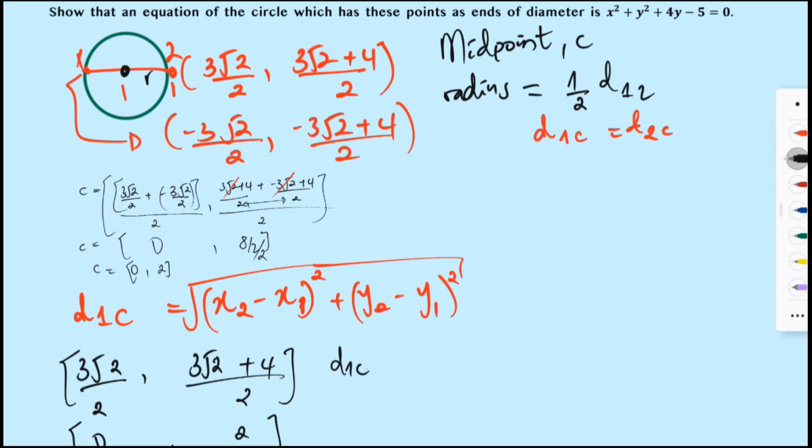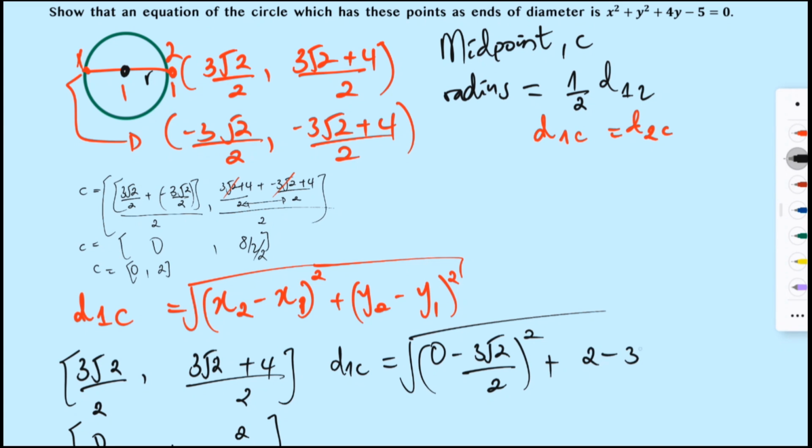So d1C is equal to the square root of (0 minus 3 root 2 over 2) squared plus (2 minus 3 root 2 plus 4 over 2) squared, with 4 over 2 inside the second bracket, all of this squared.